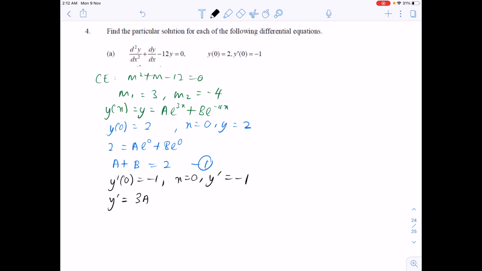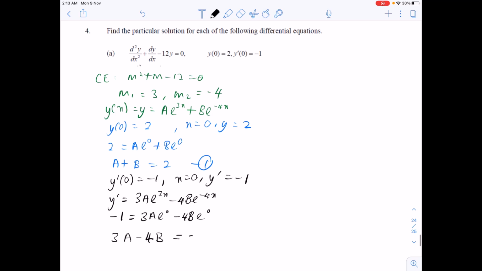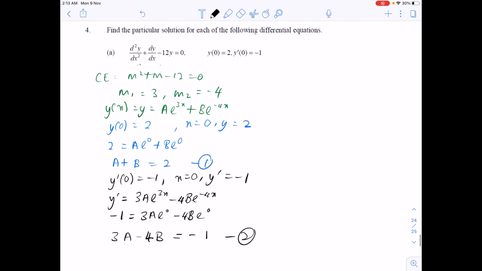We have 3a e^(3x) minus 4b e^(-4x). Then substitute this condition. We will have minus 1 equals 3a e^0 minus 4b e^0. Simplify it, and we will have 3a minus 4b equals minus 1. This is equation number 2.